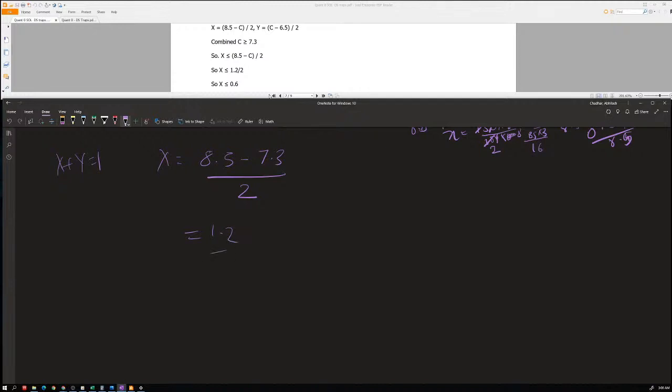Right, so this will be 1.2 by 2, which is equal to 0.6. Now, if this is 7.3, if I make it 100, it would be 8.5 minus, basically let me make it 8.5 only.